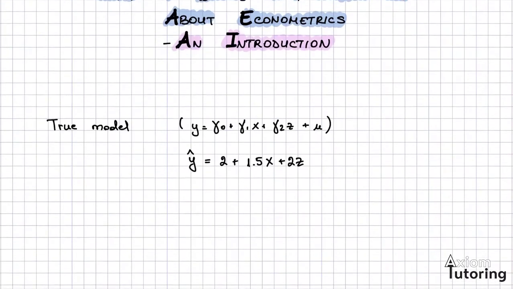So what we see here is that we've got the true effect of x, which is the 1.5, and we've got the true effect of z.